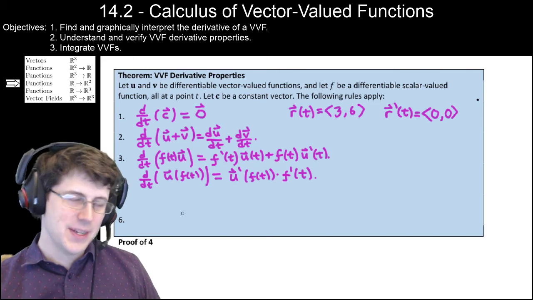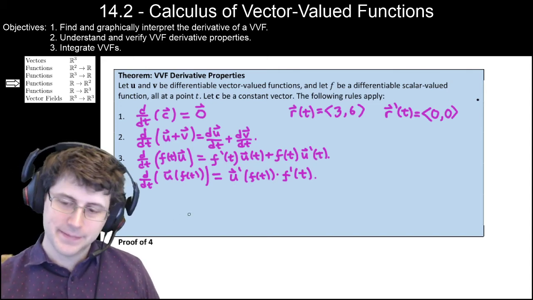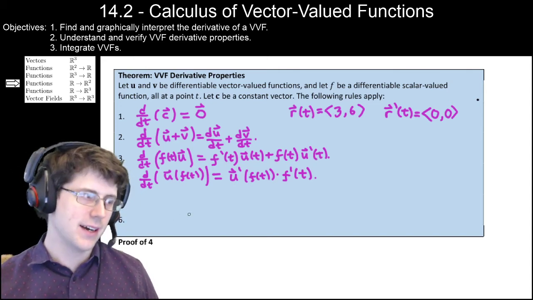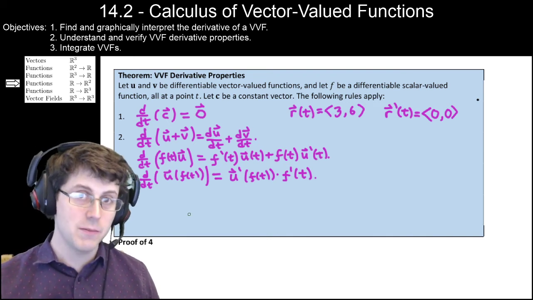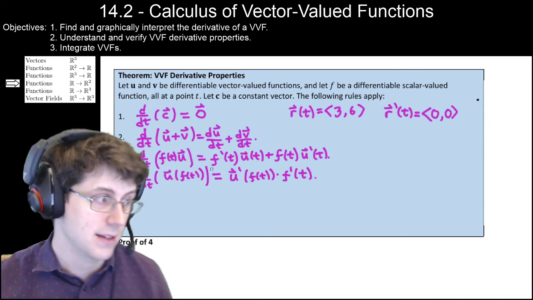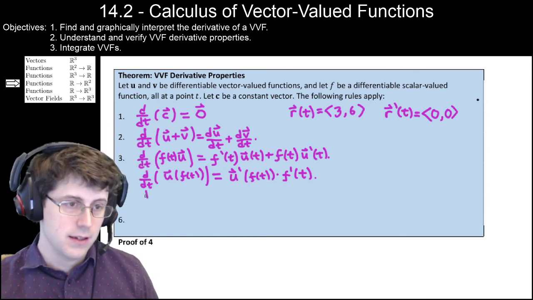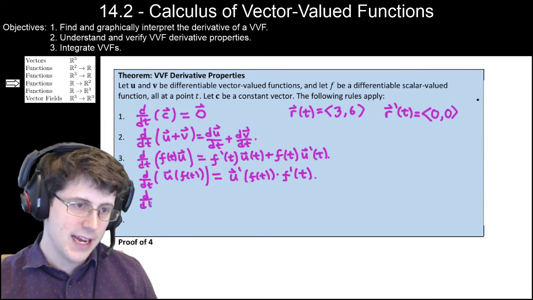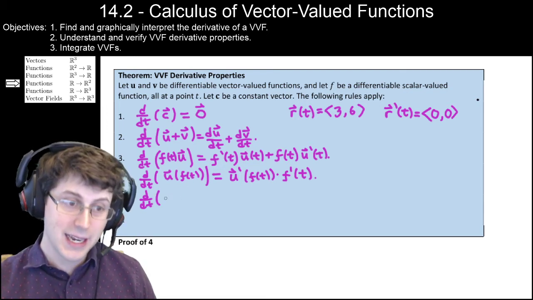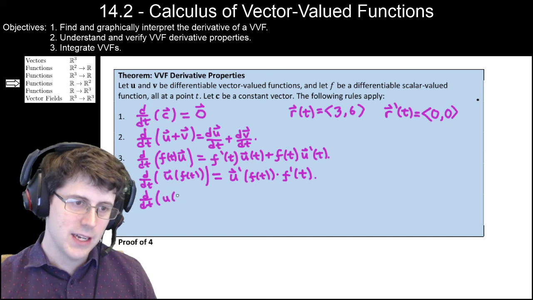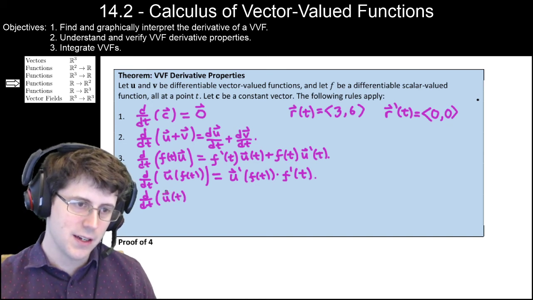The fifth and sixth ones are more product rules. These product rules are the same product rule again, but one of them you have to be very careful. The reason is that if you have two vector-valued functions multiplied by each other, how can you multiply two vectors by each other?